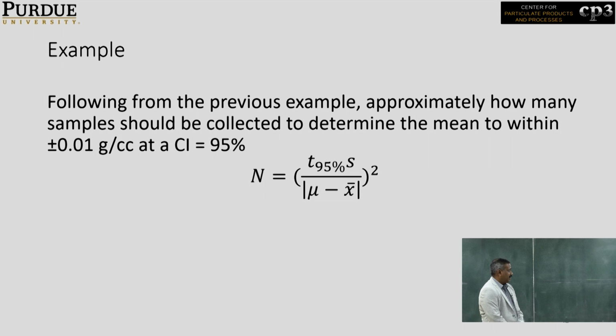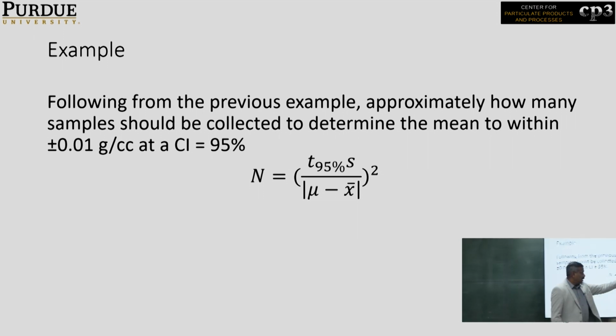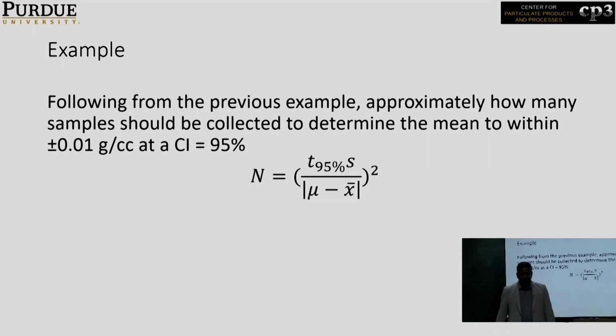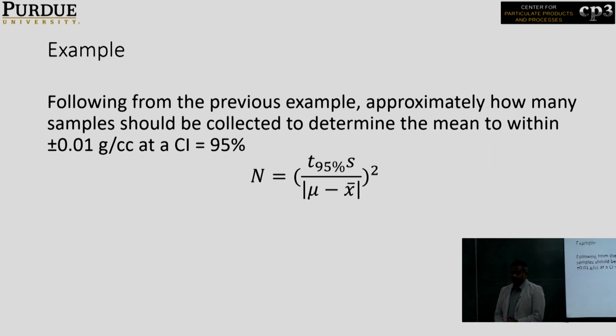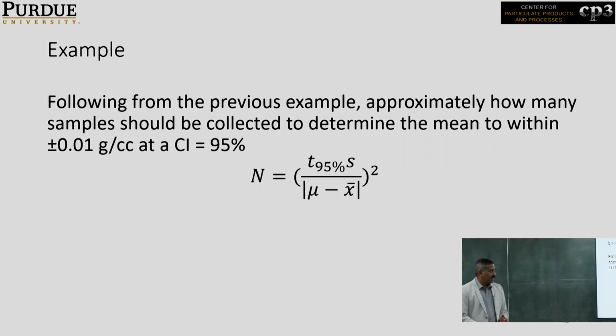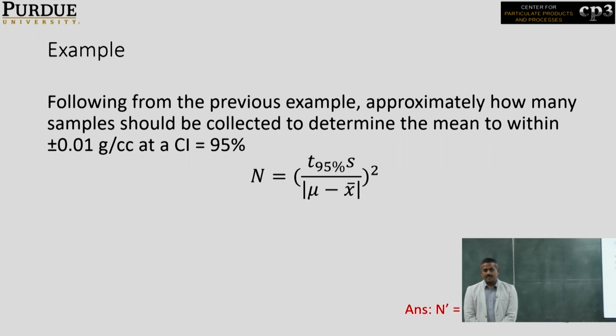So again, it's the same principle: the t distribution, t test values, standard deviation, the mean and average, okay. So use that, you calculate, and again it comes to about 18 samples, okay.